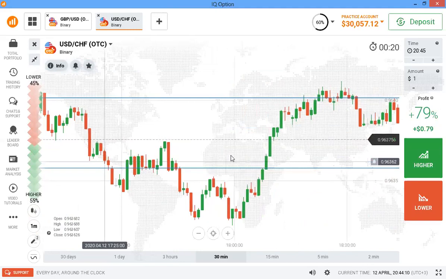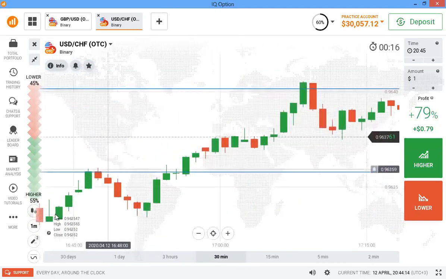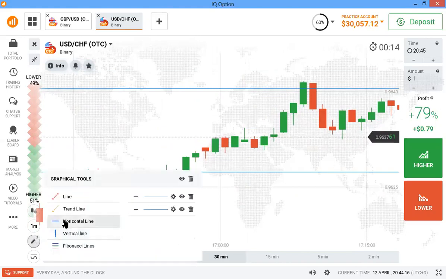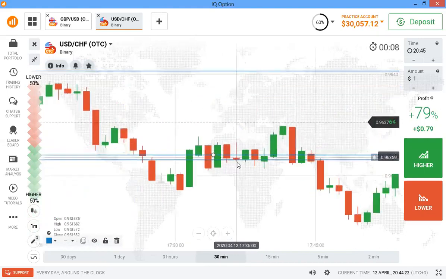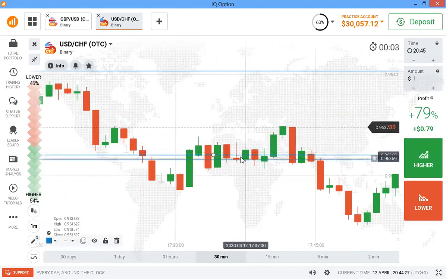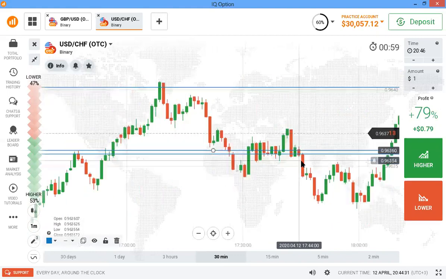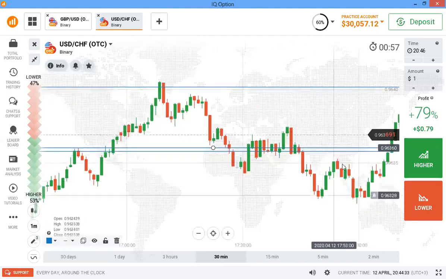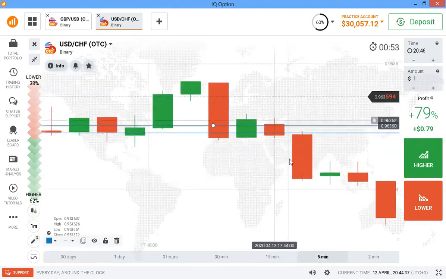Let me draw an area here. The highest point here and the lowest point here. The highest point of the resistance and the lowest point of the resistance. So if buyers should come to this level, that is when sellers break the level and buyers come to this level, you can see here, the sellers already broke the level.